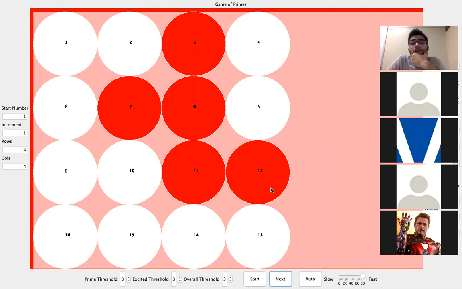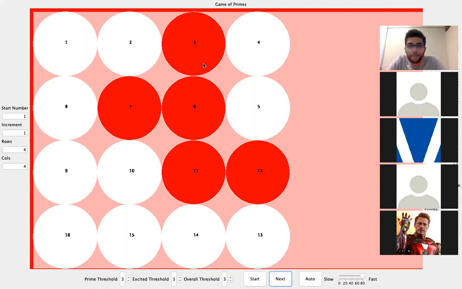Interesting situation, because 12 is only surrounded by 3 primes, but you have to realize that if a number is excited, it is treated with the same respect and value as a prime number, which makes it the fact that 12 is now surrounded by 4 dangerous numbers, which will make 12 also dormant. Okay, so 6 will be dormant, 12 will be dormant.